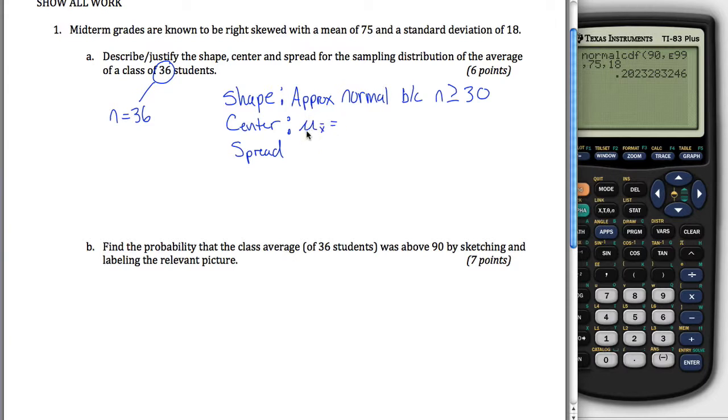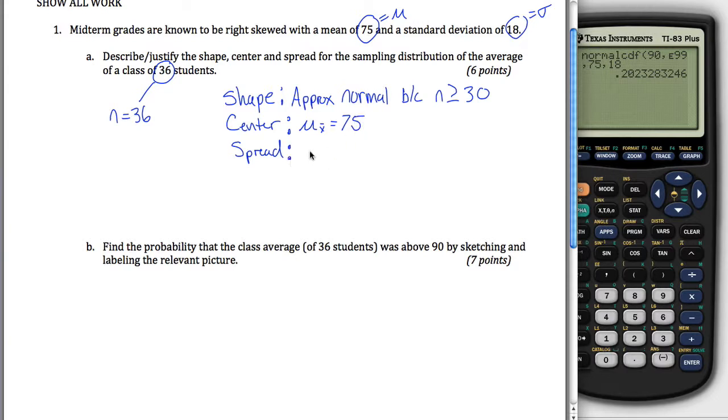Mu, because it's the population mean, but it's not the population mean of the parent distribution, it's the population mean of the sampling distribution. So you put this little x bar in the subscript. But it turns out that mu sub x bar is just the same as mu, which was given to me in the problem as 75. So mu sub x bar is the exact same as mu, which is 75.